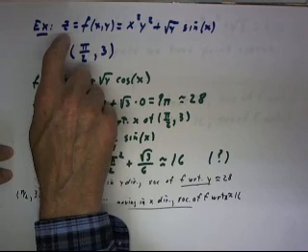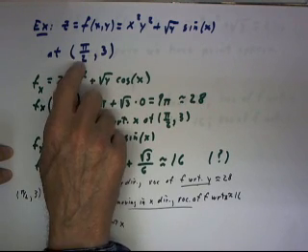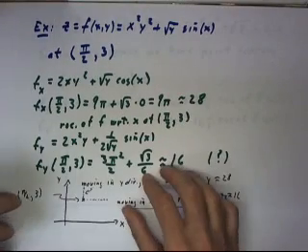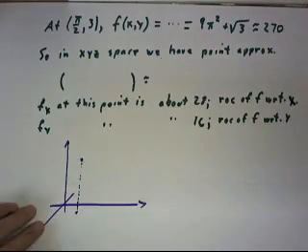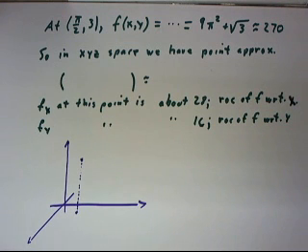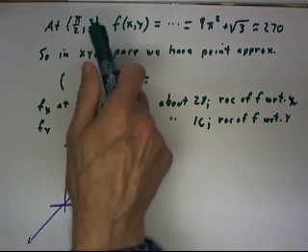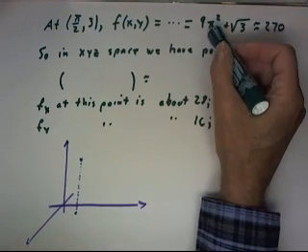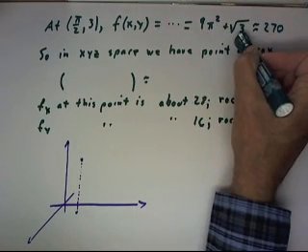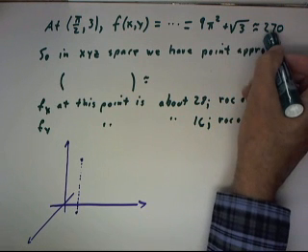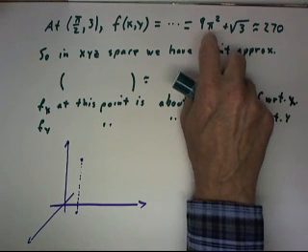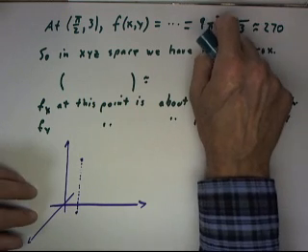Just where are we? What is the value of z at the point pi over 2, 3? Well, it's easy to plug the points in here and get the value, and I've already done that. At the point pi over 2, 3, f of x, y is fairly easily evaluated. We get 9 pi squared plus the square root of 3, and I'm going to say that's about 270. Actually, I know I'm off because pi squared is greater than 9.